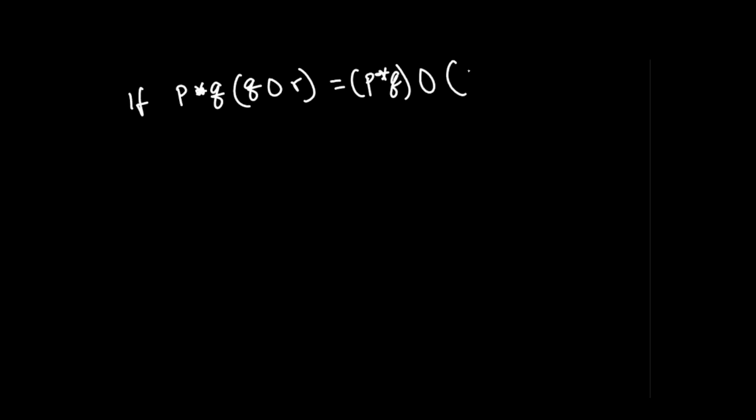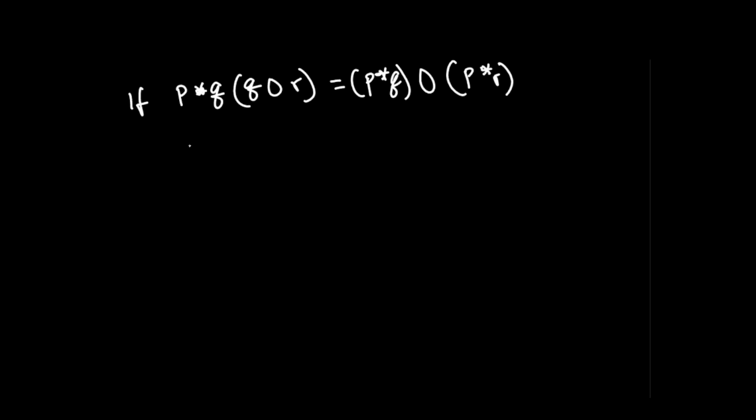If I have P operation (Q operation R), you see these are 2 different operations, and this is just equal to (P operation Q) operation (P operation R).